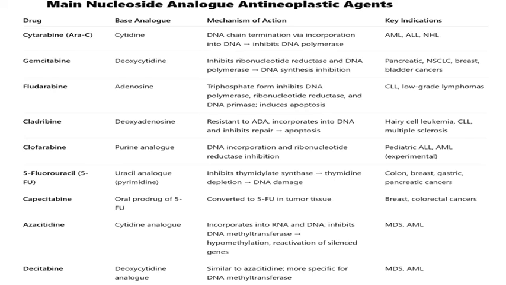Thymidylate synthase inhibition. 5-FU and capecitabine inhibit thymidylate synthase, depleting dTMP, causing DNA damage and cell death. 5-FU also incorporates into RNA, impairing RNA processing. 3. Epigenetic modifiers. Azacitidine and decitabine inhibit DNA methyltransferases, causing hypomethylation of DNA and reactivation of tumor suppressor genes. Particularly useful in myelodysplastic syndromes, MDS.